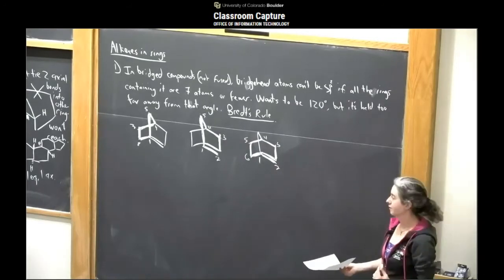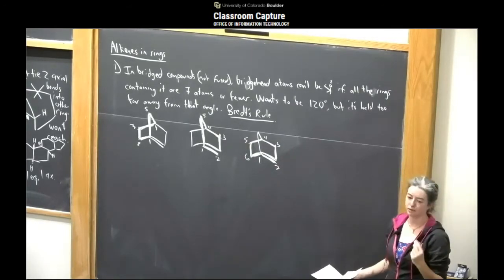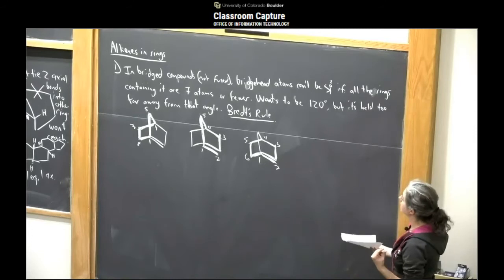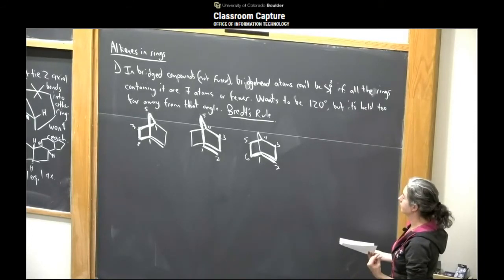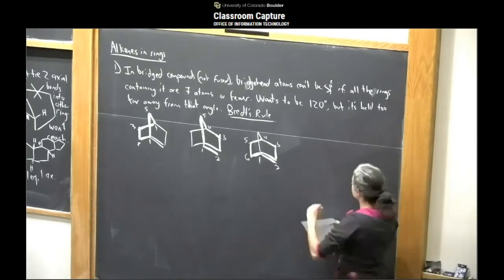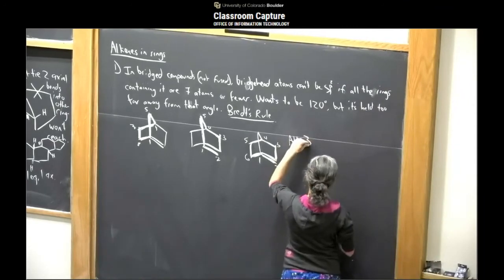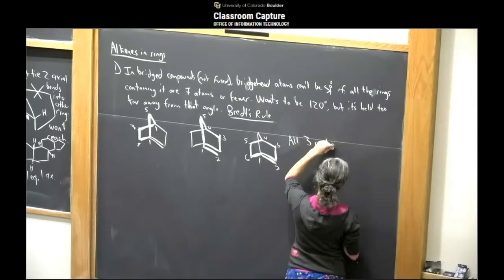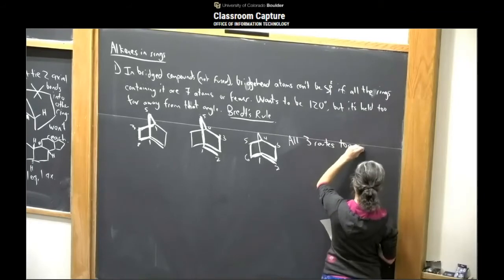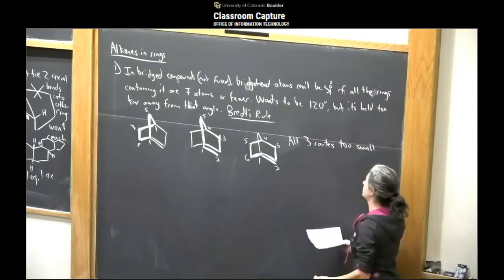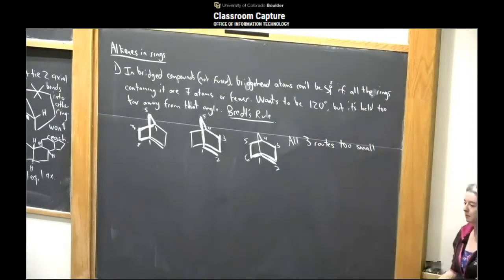So none of the 3 options of doing a closed loop around this molecule is any higher than 6 atoms. So all 3 routes are too small, which means you can never have a double bond to the bridgehead.